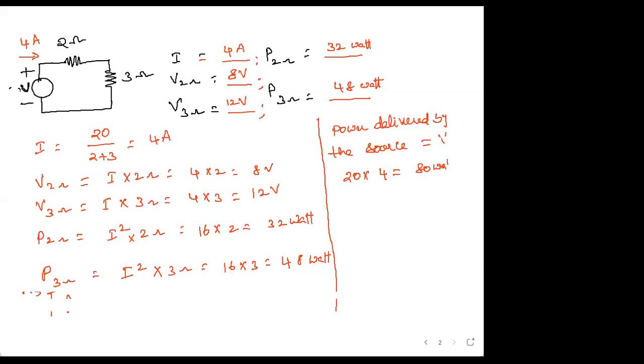This 80 watts must be equal to the sum of 32 and 48, these two, right? The sum says you must get 80 watts. Clear?